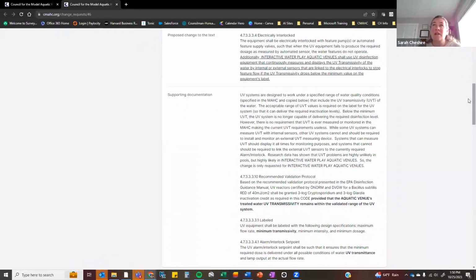And then their pros and cons: it is best practice to maintain a high UVT value and potentially dump and replace water if the UVT value approaches the low limit. This theoretically would allow the lamp to operate at low power. If it is not done, the lamp may ramp up to make for the lower UVT. However, as long as the dose is maintained, there is no health impact.